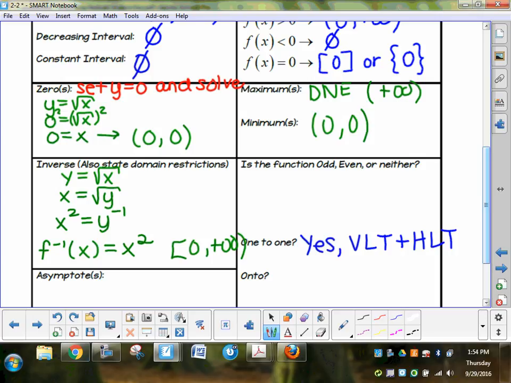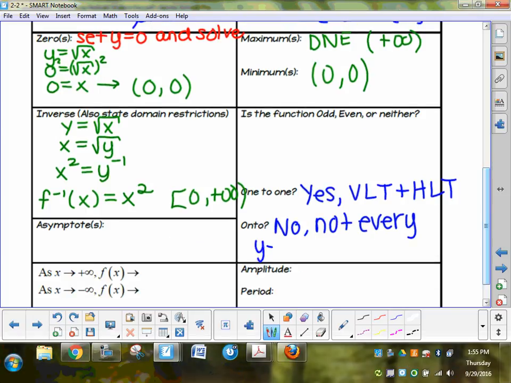What outputs does it use? Negatives, because you can't get a negative output from a square root. So is this onto? No. Not every y value is used. Now, we can't answer these two questions here or here.